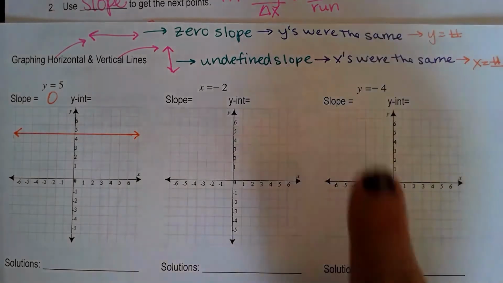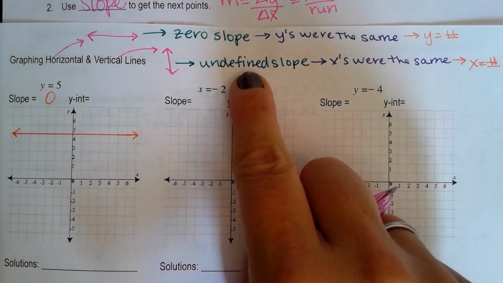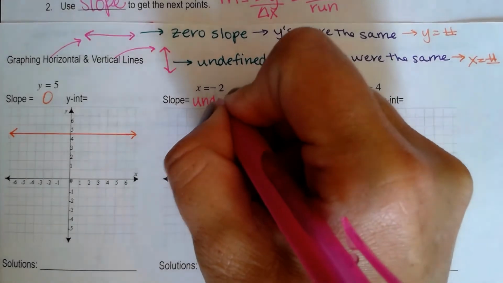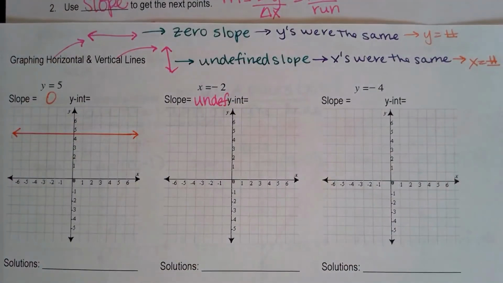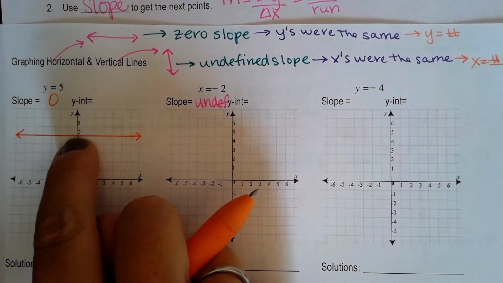For x equals a number, it's always going to be an undefined slope. So its slope is undefined. Oh, and I'm sorry, I didn't even finish that one. The y-intercept, it hit it at 5, right?